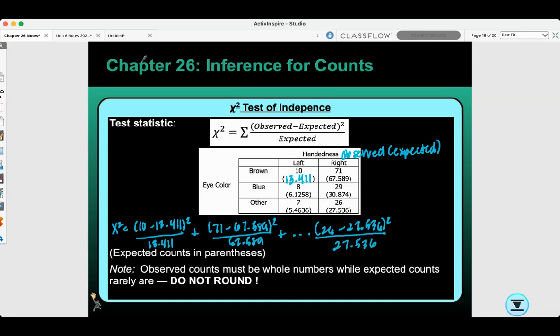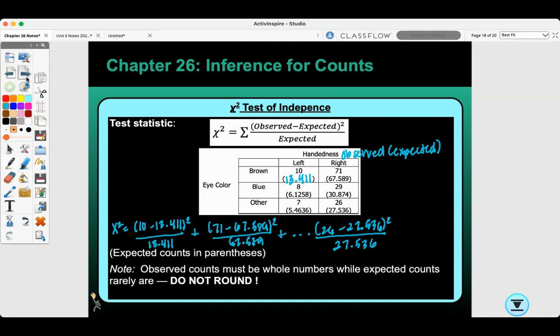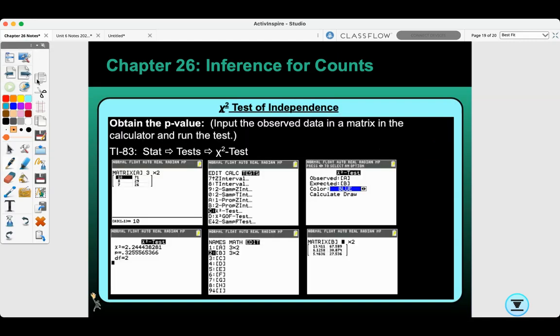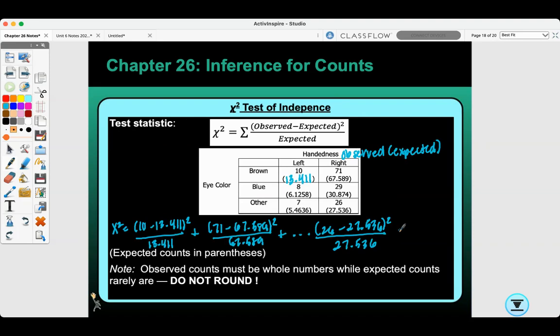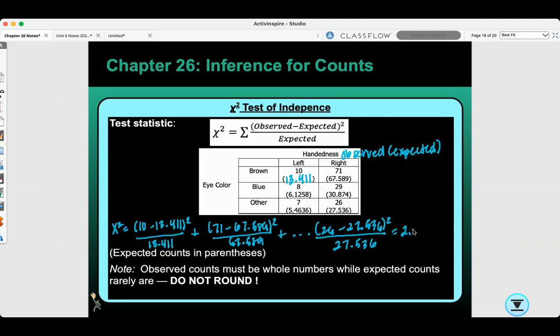Now remember, your calculator, and I'll go over the steps in a minute, can find this for you. So if I look here, my chi-squared value is 2.244. So my chi-squared statistic is 2.244.